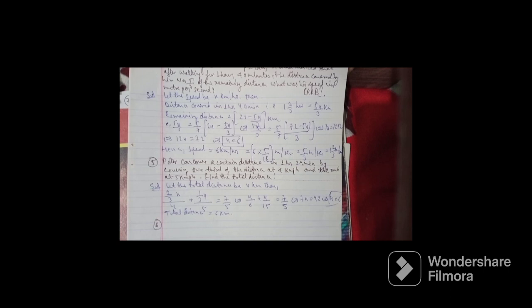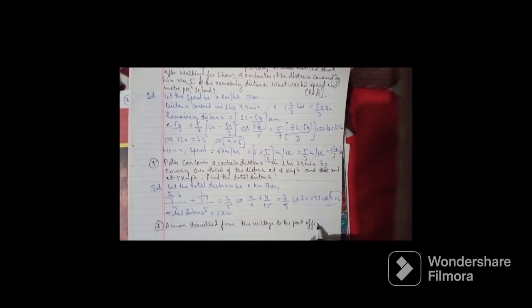So a man traveled from the village to the post office at the rate of 25 km per hour and walked back at the rate of 4 km per hour.